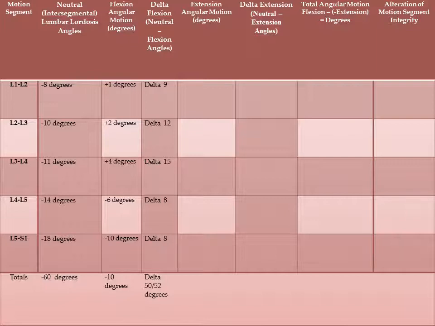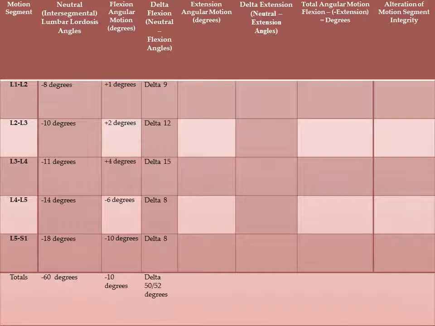That is a change of delta 9. That lumbar motion segment at L1, L2 moved 9 degrees from neutral position to full lumbar flexion. That indicates that that's a movable segment. It's moving 9 degrees. At L2, L3, the change in flexion angle was 12 degrees.